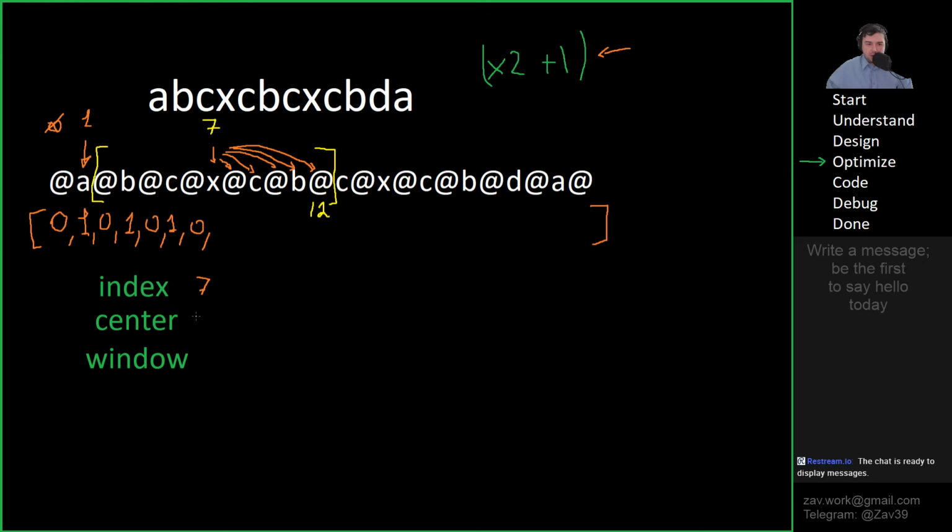Our current index will be 7, and our window will be 5. 12 minus 7 is 5, since we have 5 elements after our symbol. And from this point, all the fun of this algorithm starts. So we write our window length here as 5.